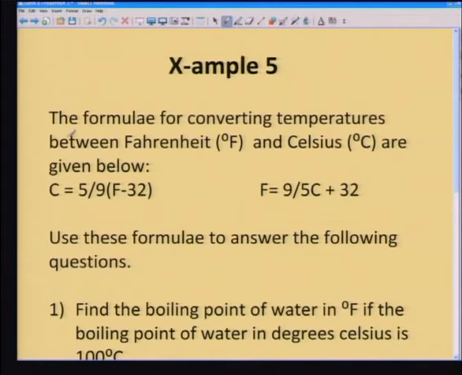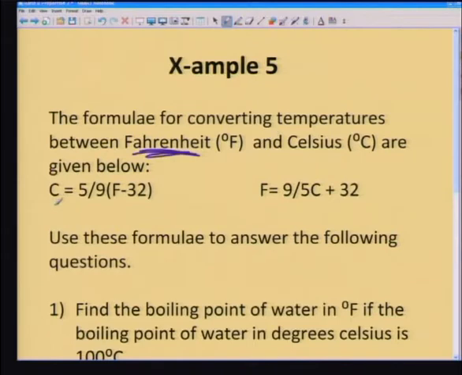So you are told the formulae for converting temperatures between degrees Fahrenheit, which is not generally the used or acceptable method of temperature reading in South Africa. So what we're doing is converting between degrees Fahrenheit and degrees Celsius, which is what we use in South Africa. And they give us those formulae.